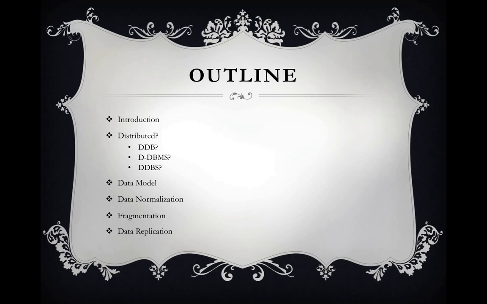So what is a distributed database? Actually, there are three different terms. The first one is the distributed database, or DDB. What does that mean? It is a collection of multiple logically interrelated databases distributed over a computer network.